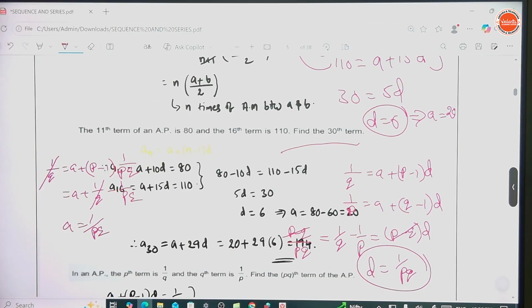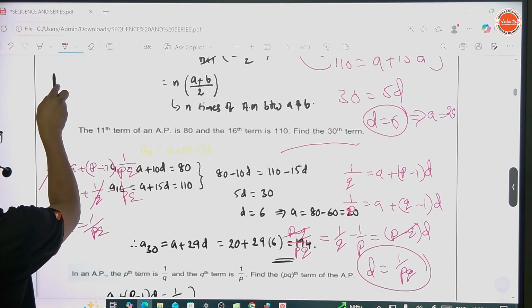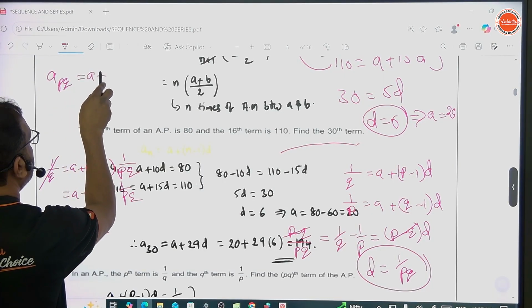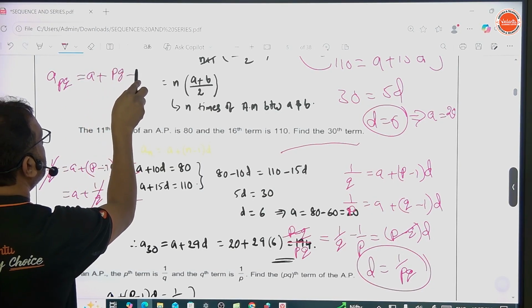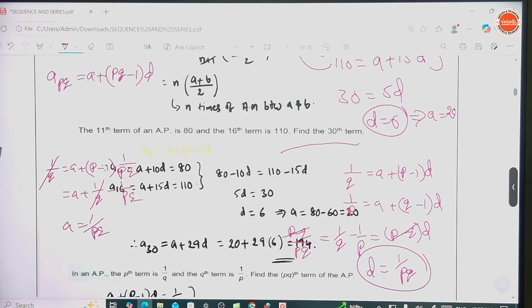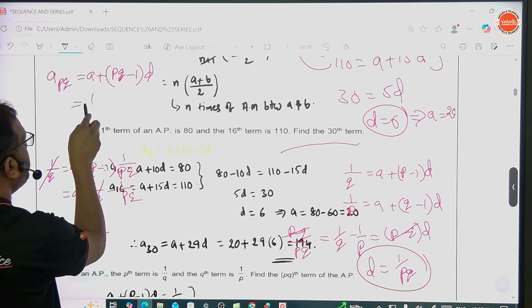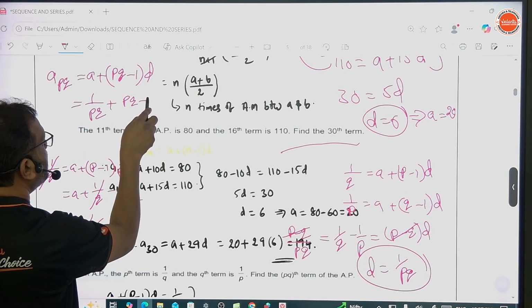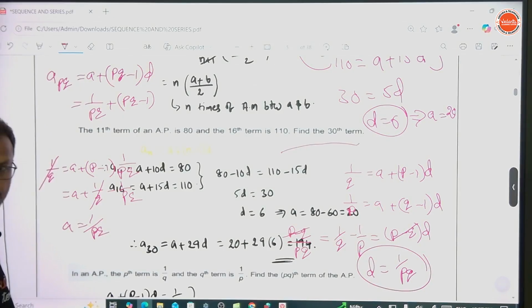Now he is asking the PQth term. The PQth term is what? A of PQ, right? This is equal to A plus (PQ minus 1) into D. What is the A value? 1 by PQ plus (PQ minus 1) into what is the D value?